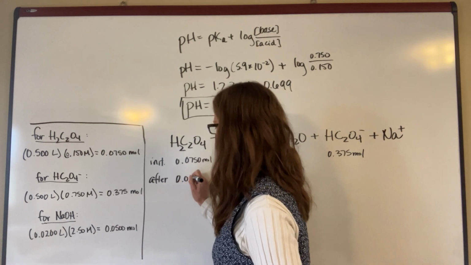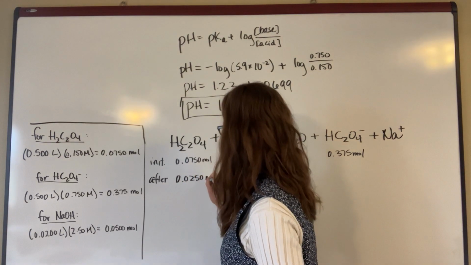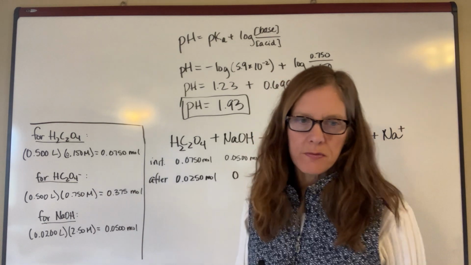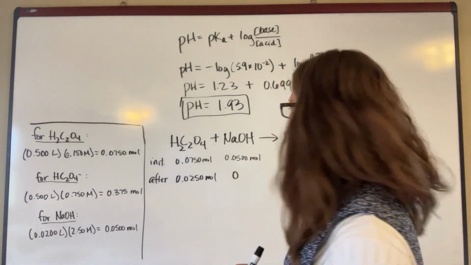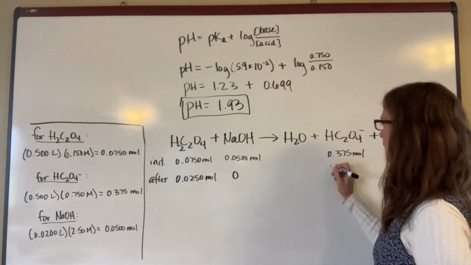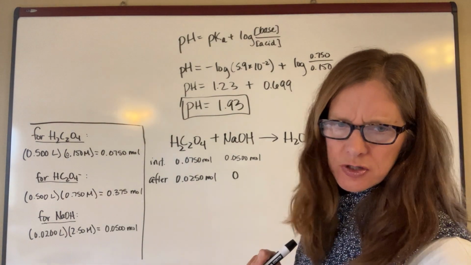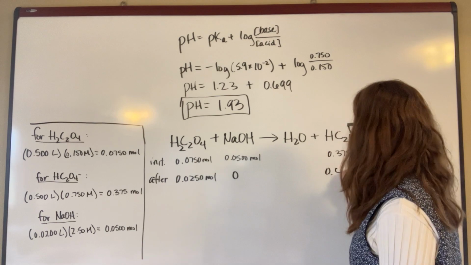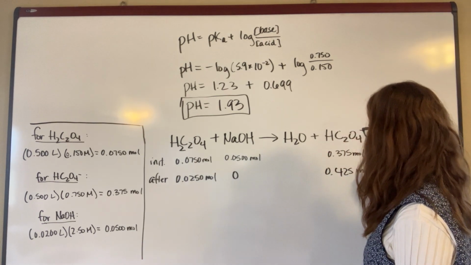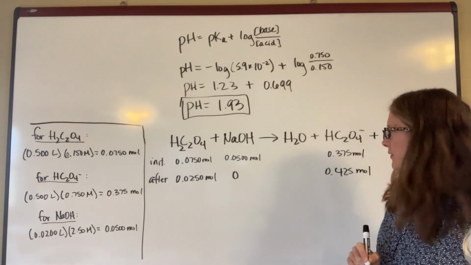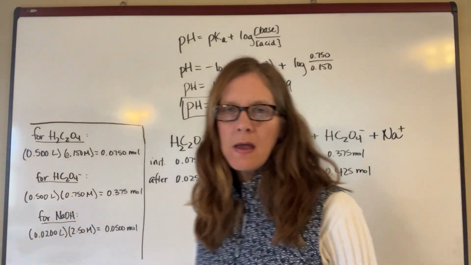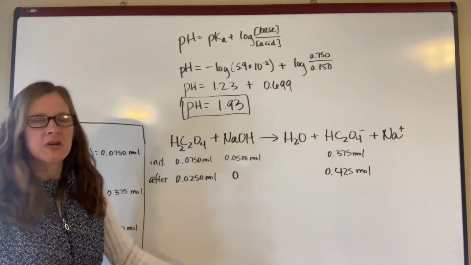So this is going to give me 0.0250 moles of the acid. And I'm going to add 0.05 moles over here. And so that is going to give me 0.425 moles of the oxalate ion on this side. Okay, so that's how many moles I have.